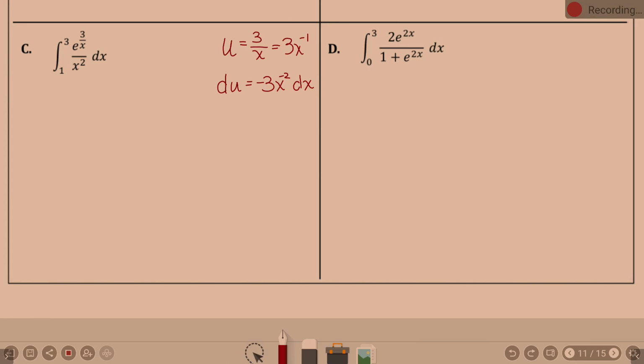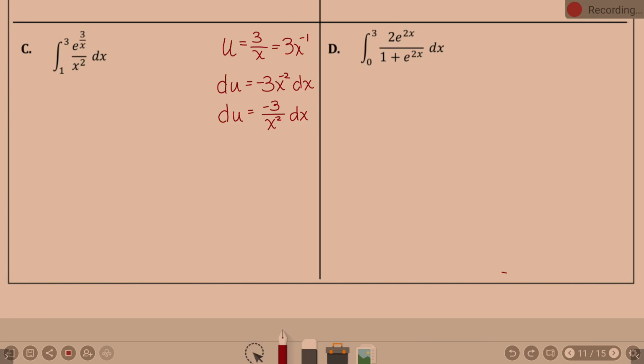I'll write this in a different form: negative 3x to the negative second is negative 3 over x squared. Are magic things happening? There's an x squared in the denominator, right? That's the magic. That's what I'm calling it.